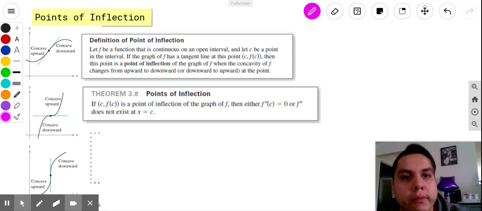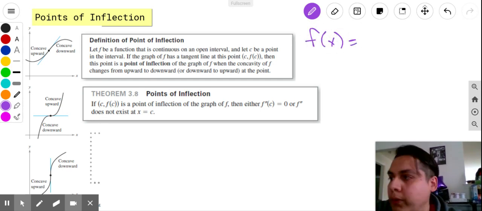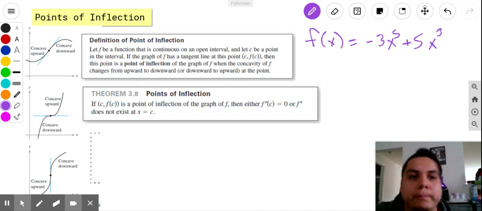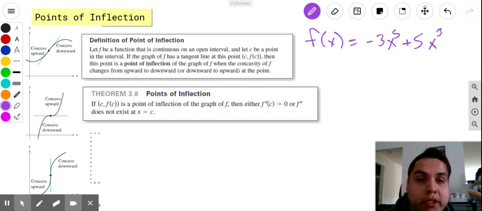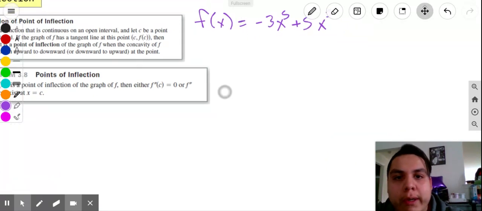Okay. So let's say we're looking at f of x will equal negative 3x to the 5th plus 5x cubed. First things first, we need to get our second derivative, and we need to do it kind of quickly.